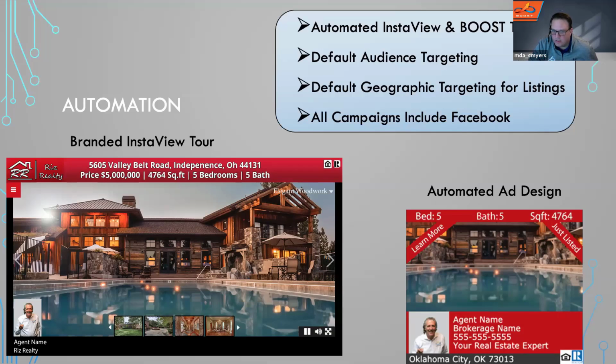All the images loaded into the MLS, branded tour, along with the agent picture information and lead generation forms. With Boost, the design is created for every campaign. The image selected is either the primary image that was assigned when entering into the MLS or the first image that was uploaded.